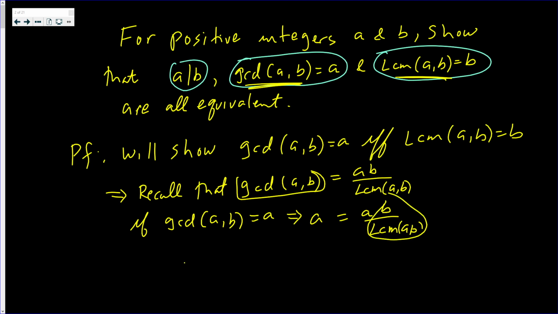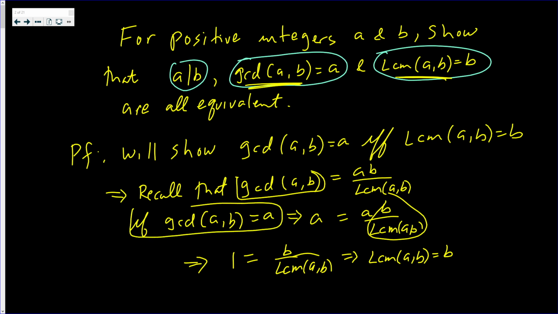Dividing both sides by a, we get 1 is equal to b over the LCM of a and b. And there's only one way a fraction is equal to 1, and that's when the denominator equals the numerator. That's what we wanted to show. We started off with this, and we showed that.